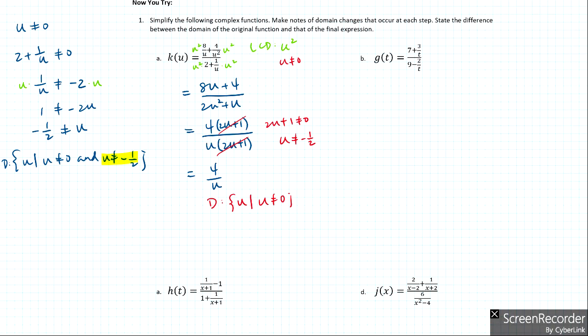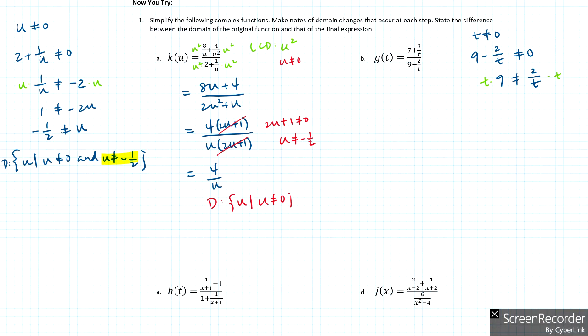Moving on to part B, I just have a denominator of t in both the top and bottom. So t doesn't equal 0. Also, I want the entire bottom to be non-zero. And we can do the same trick as what we did in part A. So I can get 9 doesn't equal 2 over t, and with this we can multiply t on both sides.